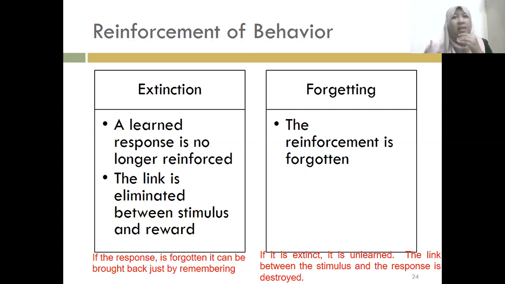But when we already grew up, your parents will not actually reinforce you to fast because you already know your responsibility, right? So you will say, I will fast because it's from Allah. Allah asks me to fast during Ramadan time. It's not because of the reward. So that is what we call extinction, because there is no stimulus and reward.